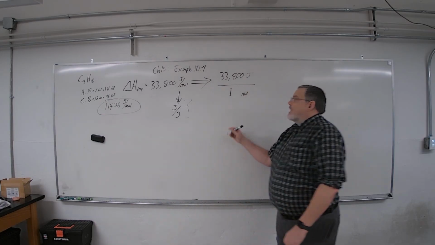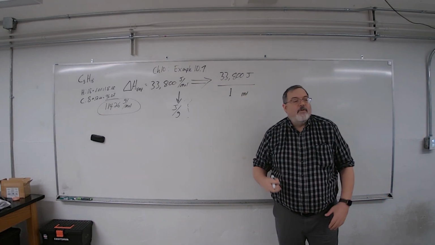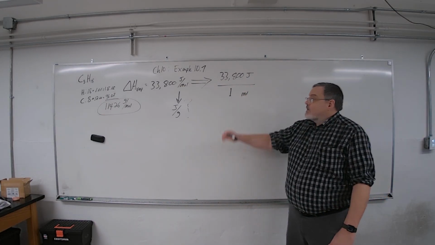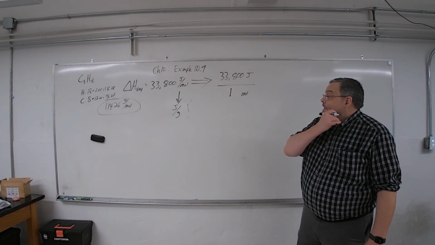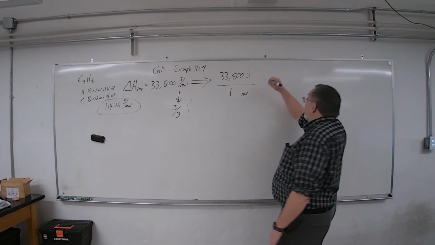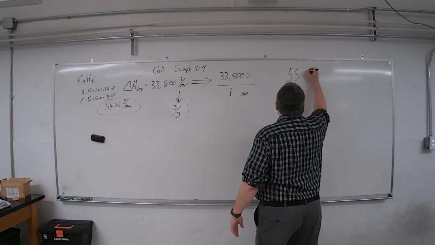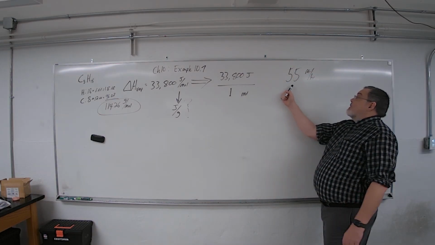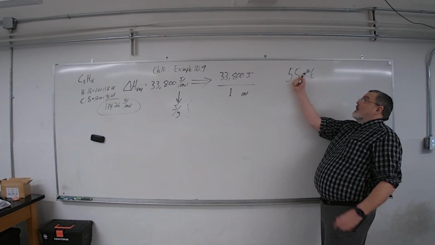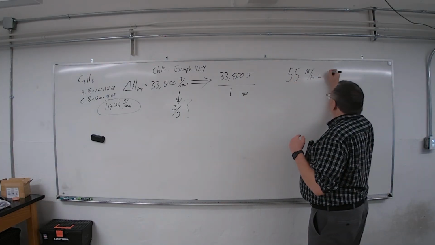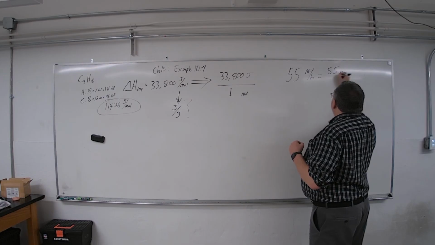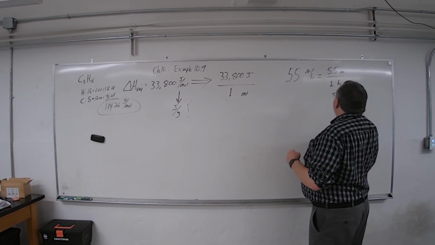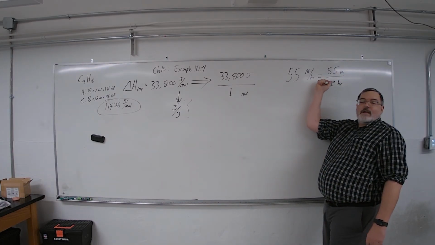That's the form I like to have it in if I'm going to do math with it. So just so you don't get lost when I do this. It's kind of like miles per hour. Right? That means I went 55 miles in 1 hour. That's the form I like to have it in to do math with.